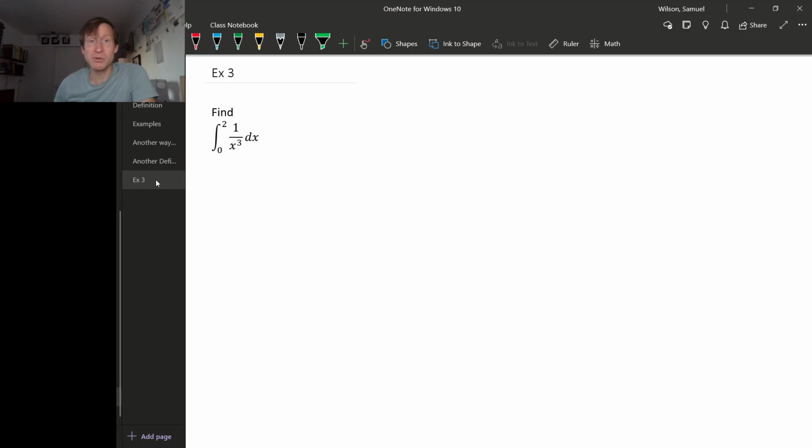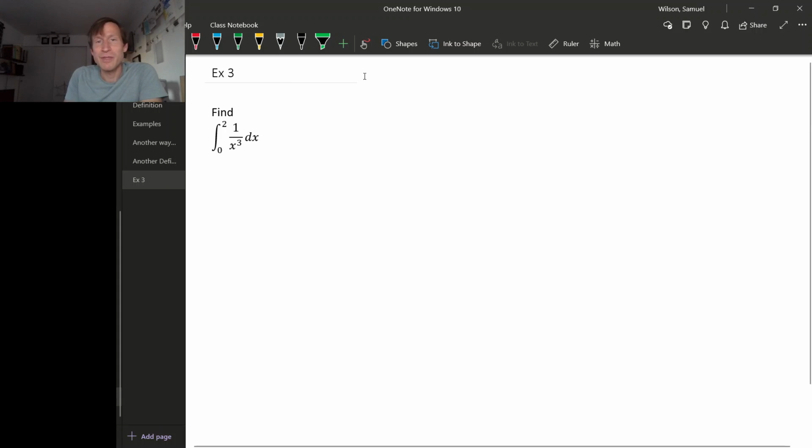Let's look at one more example. Let's find the integral from 0 to 2 of 1 over x cubed. So the thing about this sort of infinite discontinuity in the integrand is it's easy to miss.